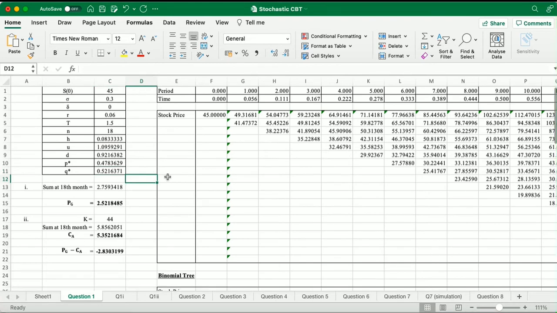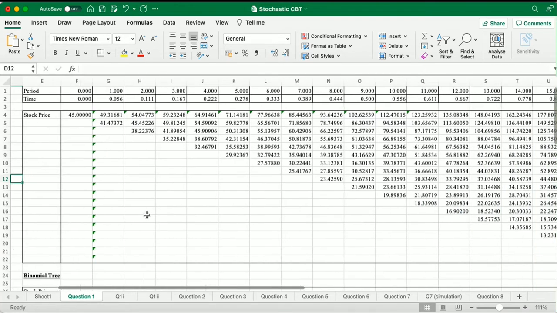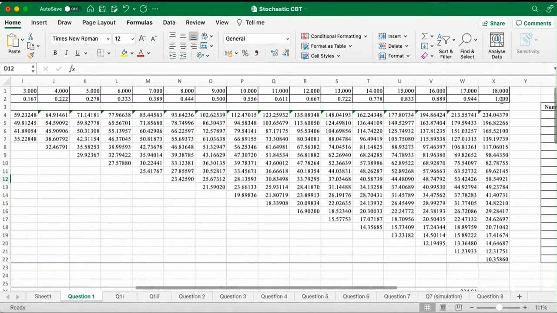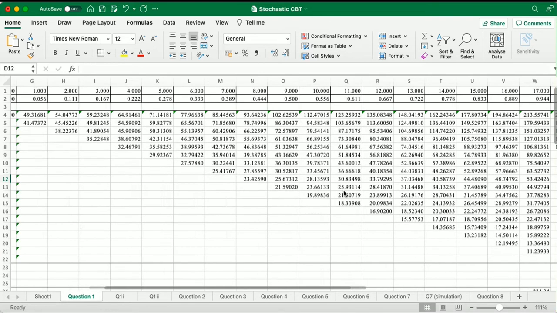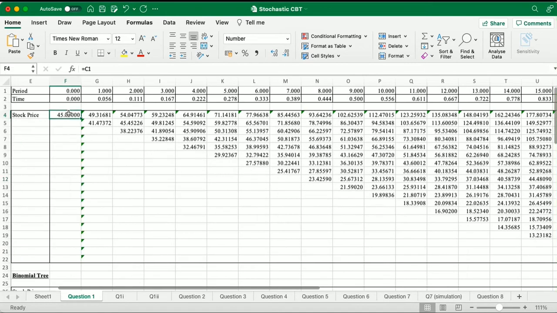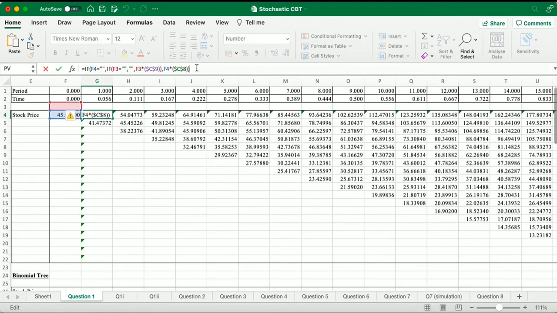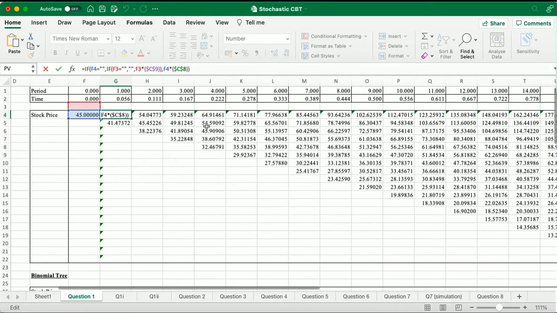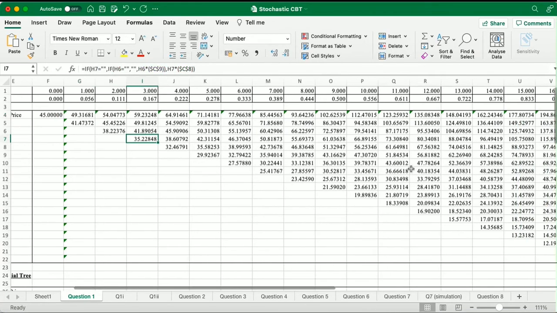Because the stock price follows a binomial model, we create a table with the period and time, where at period 18, the total time is 1. And then we produce a table with the stock price, with the initial stock price being 45, and then apply this formula involving u and d to calculate the stock price for each period according to different paths.